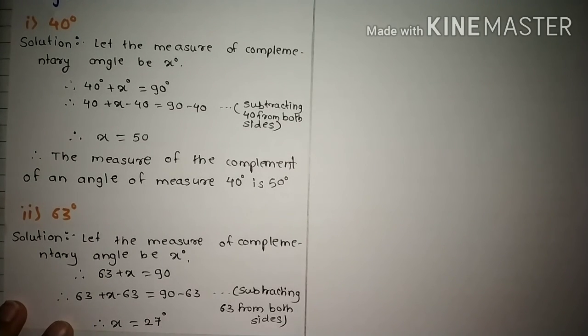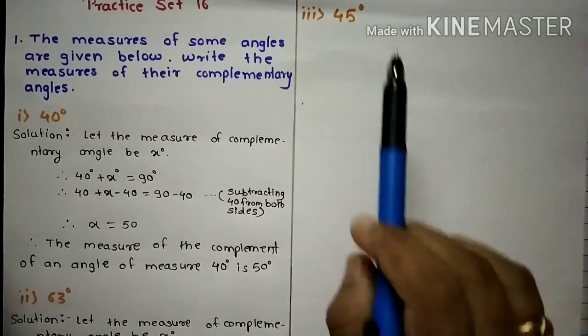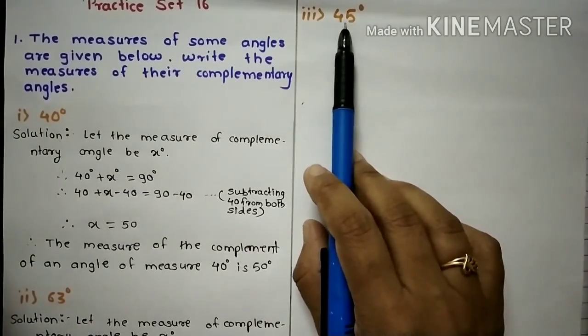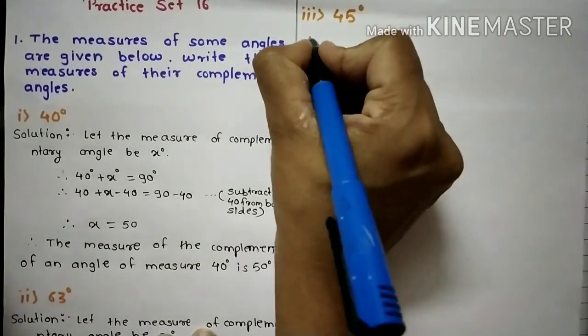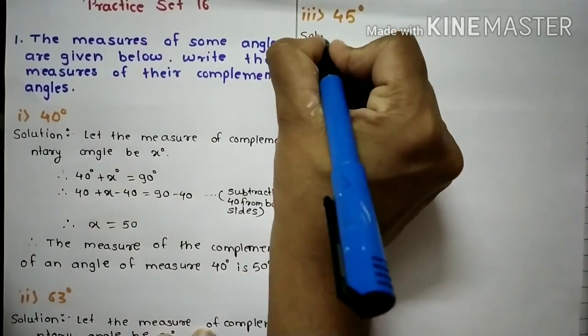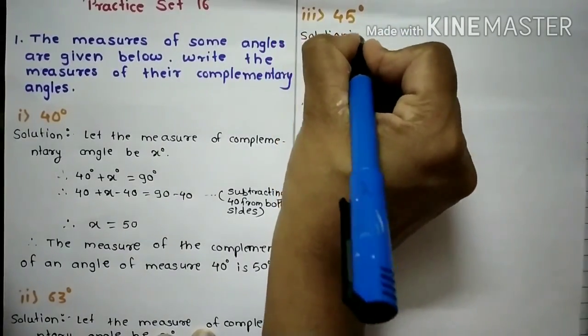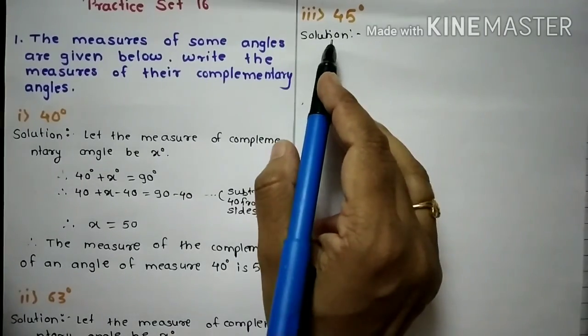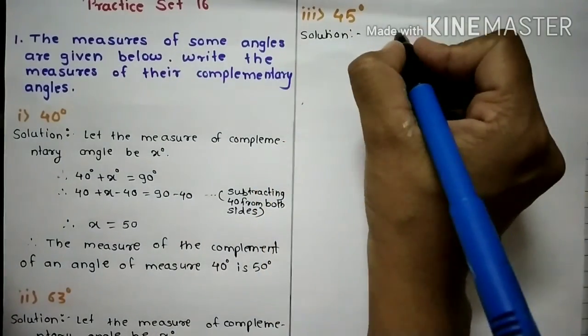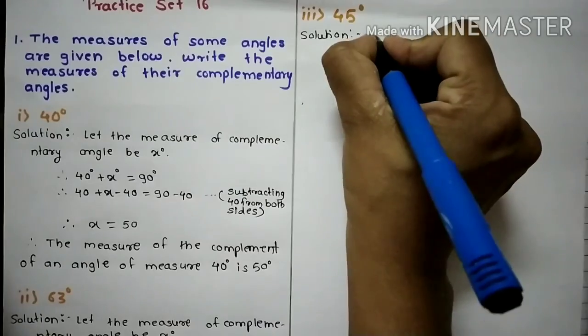Okay, now next is 45 degrees. Let's see the solution. First we have to suppose the measure of the complementary angle be x degrees.